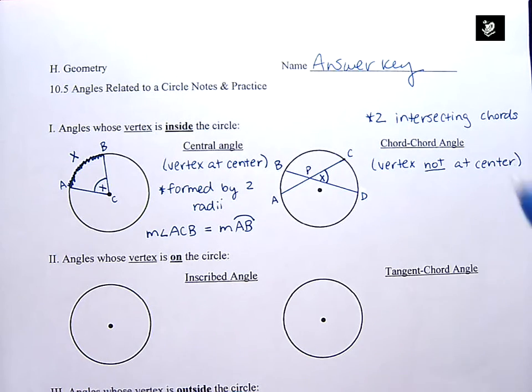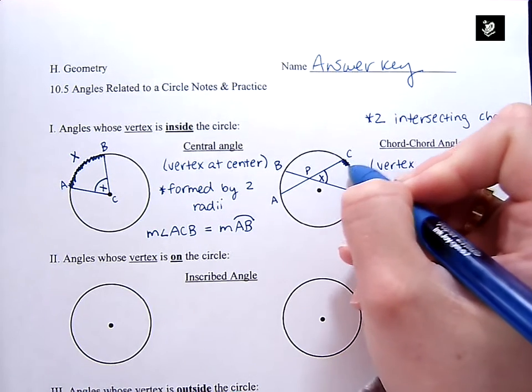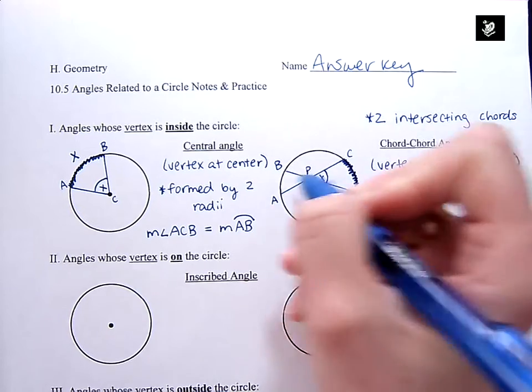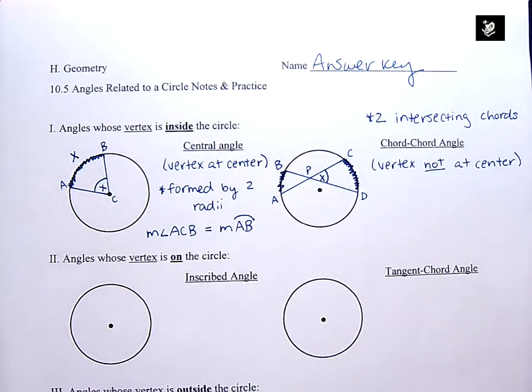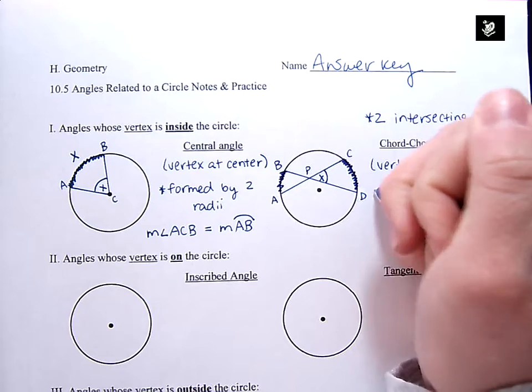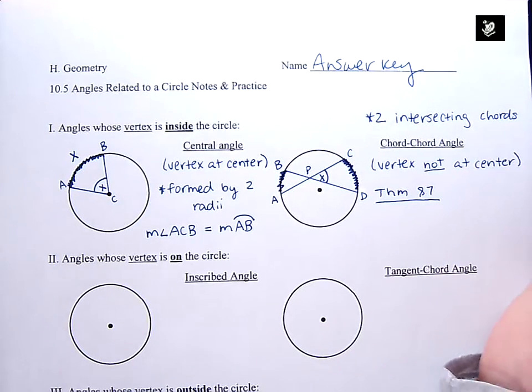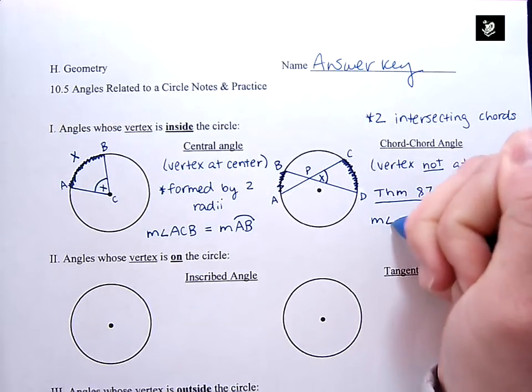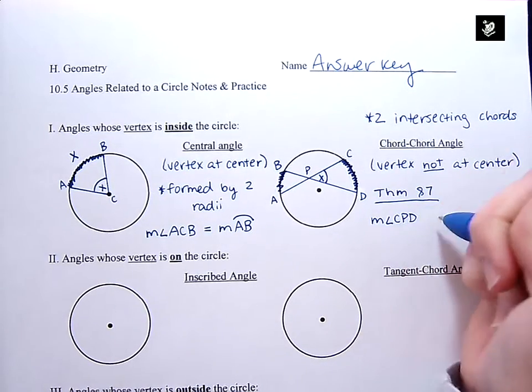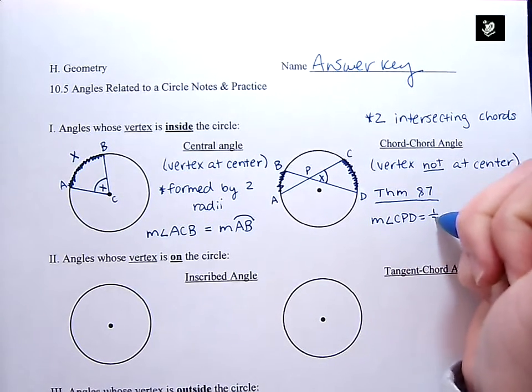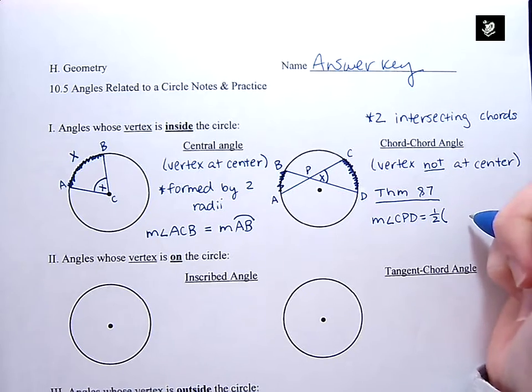So the relationship between that angle and its intercepted arcs, okay, so we've got CD and we've got BA over here. So Theorem 87 in your textbook says that when you're finding a chord-chord angle, the measure of that angle, in this case angle CPD, is equal to half the sum of the two intercepted arcs.